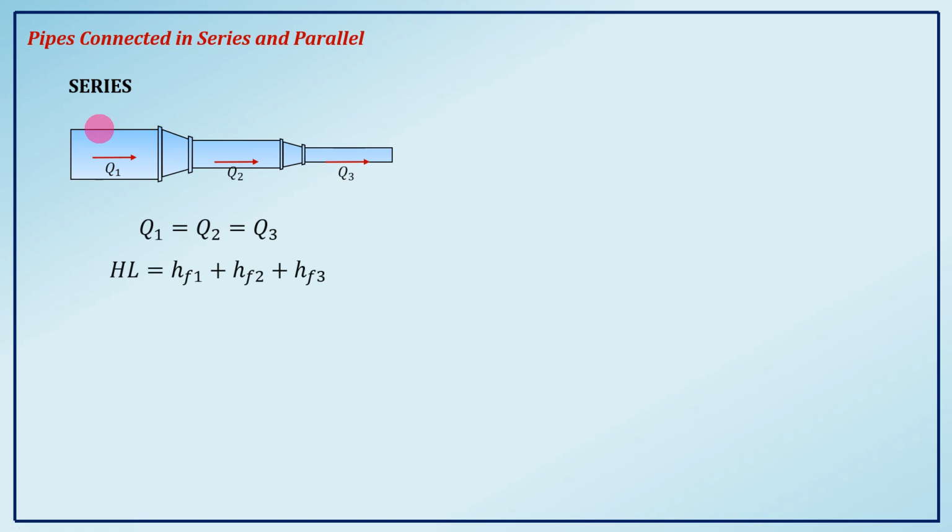Then, when it talks about the head loss, the head loss is just equal to the friction loss from your point 1, point 2, and point 3. Actually, it comes from your Bernoulli's energy equation lang din. Whatever pipeline you pass through, you consider the head loss there, so you have to add it up.